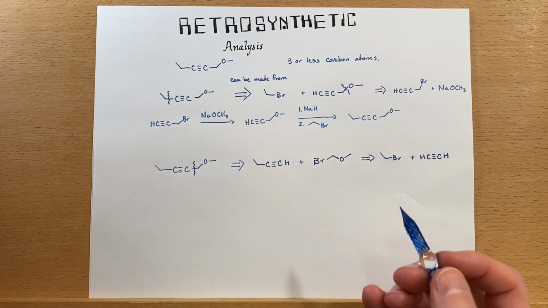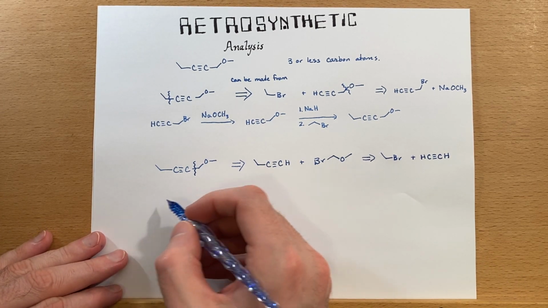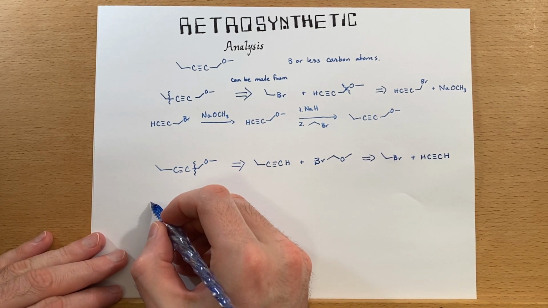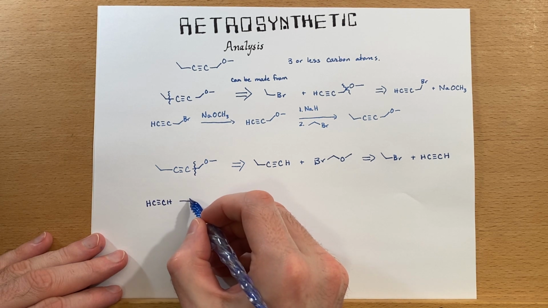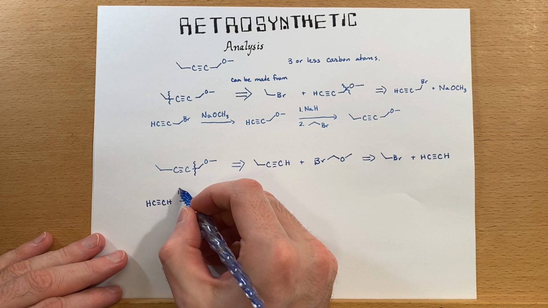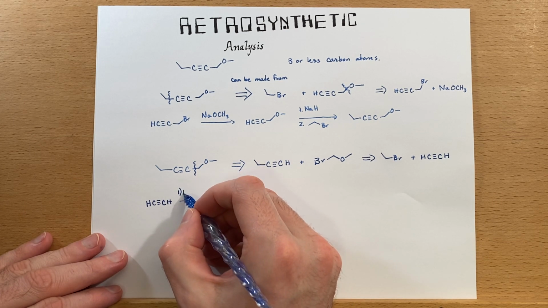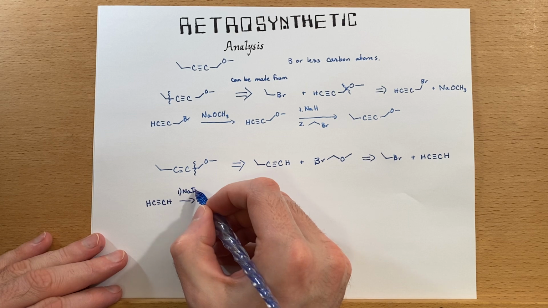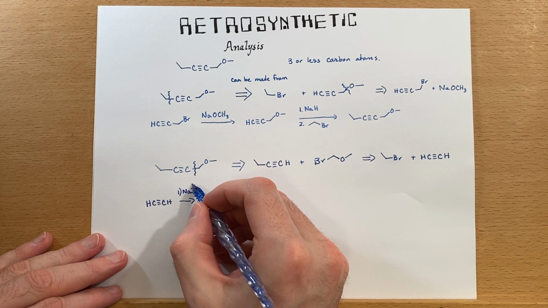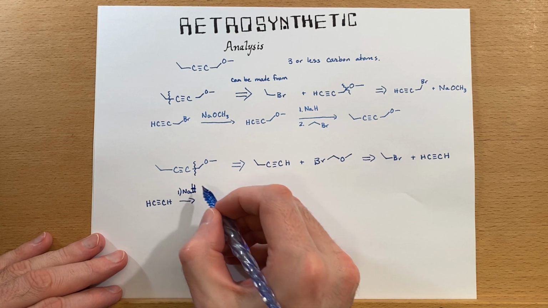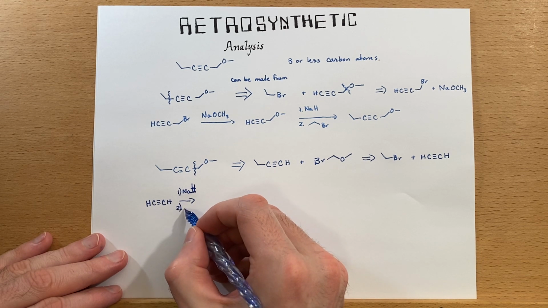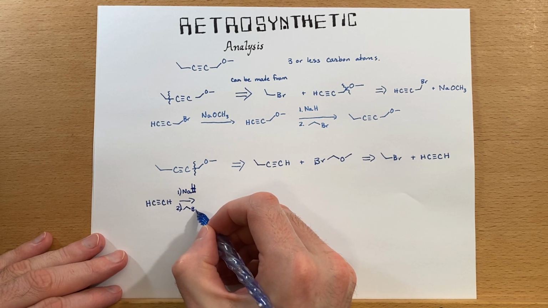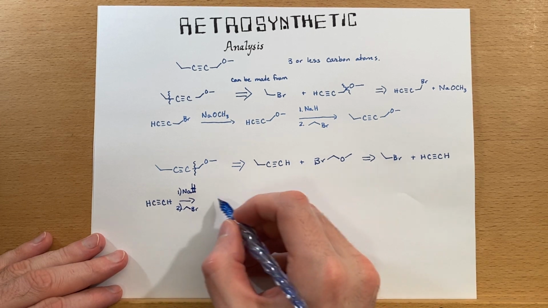And so if we wanted to write this in the forward direction, we would do this. Again, we're going to use the sodium hydride. That's an H, not an I. And our bromoethane.